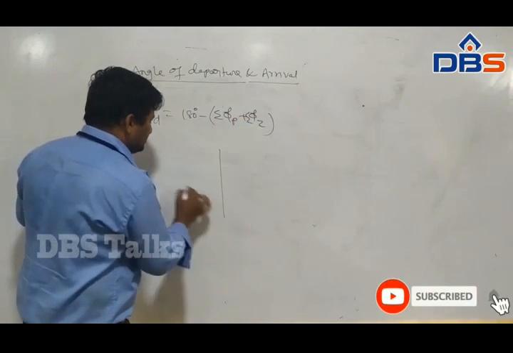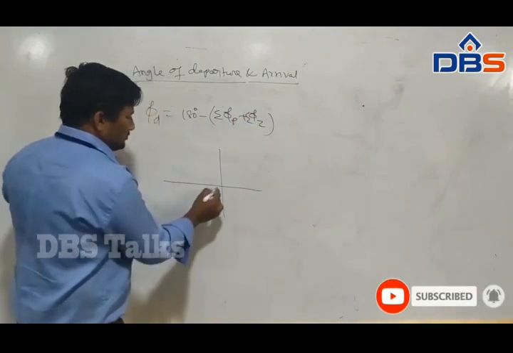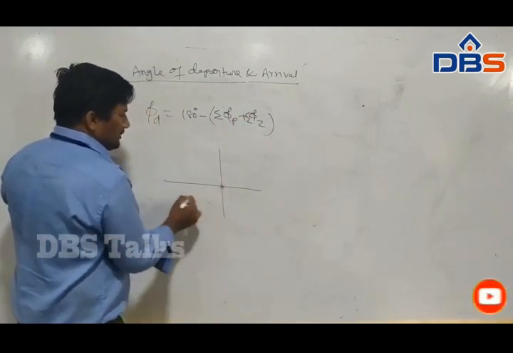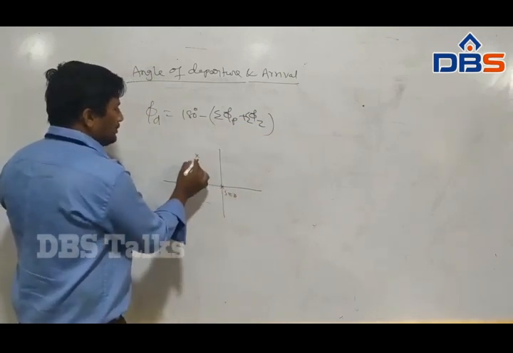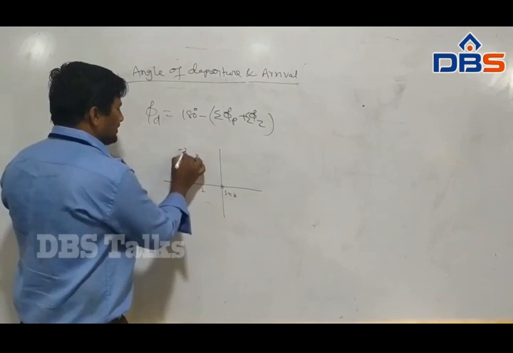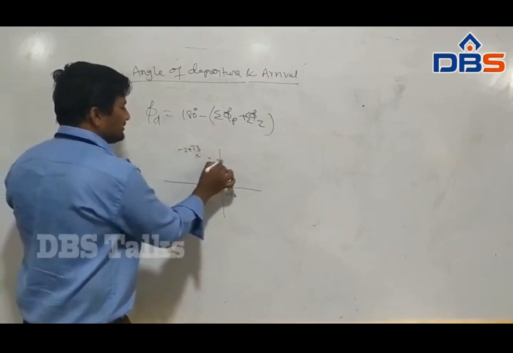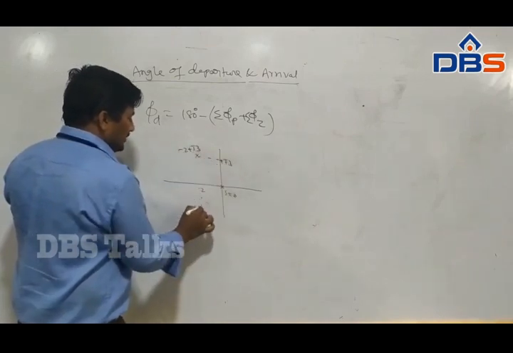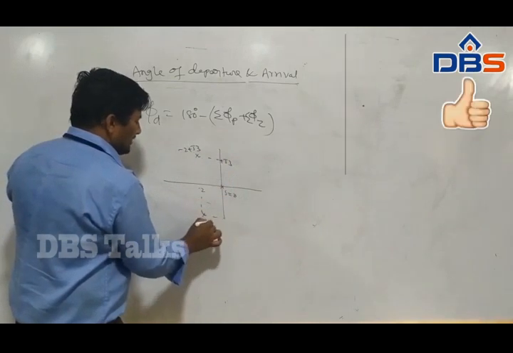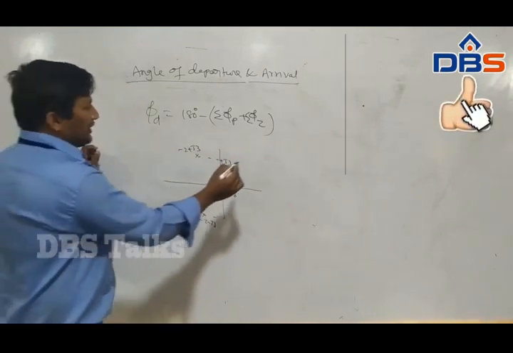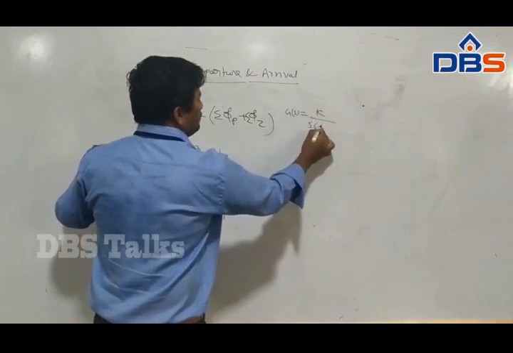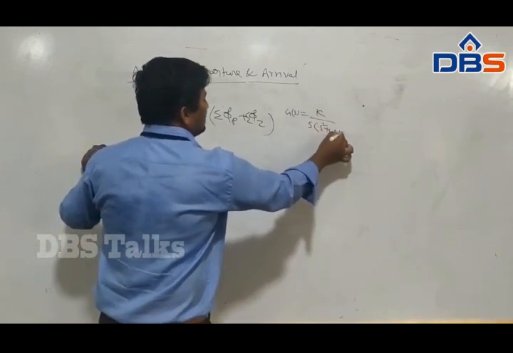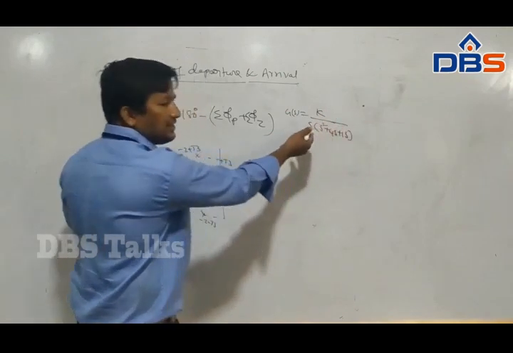Suppose I take s equal to 0, and s equal to minus 2 plus j3 and minus 2 minus j3. For example, G(s) is equal to K by s into (s² plus 4s plus 13). We are taking this example.